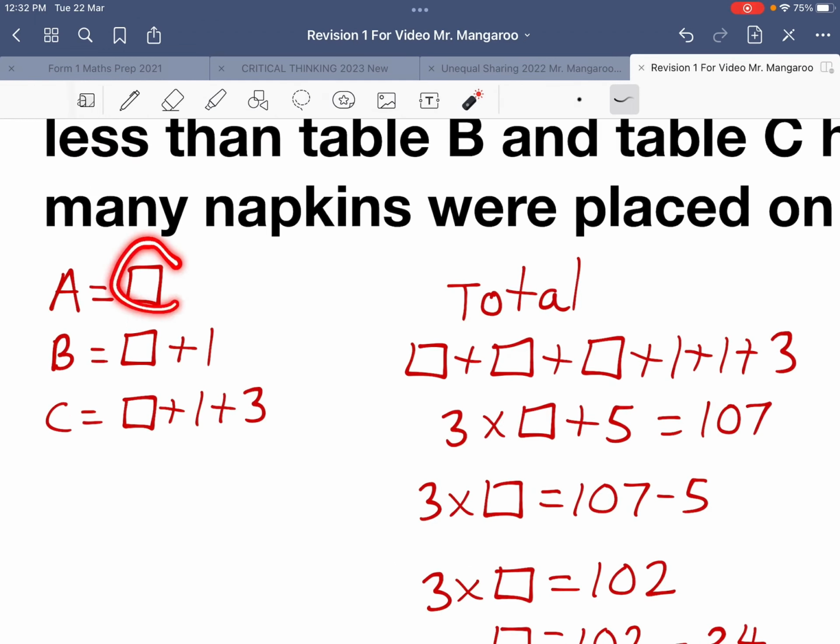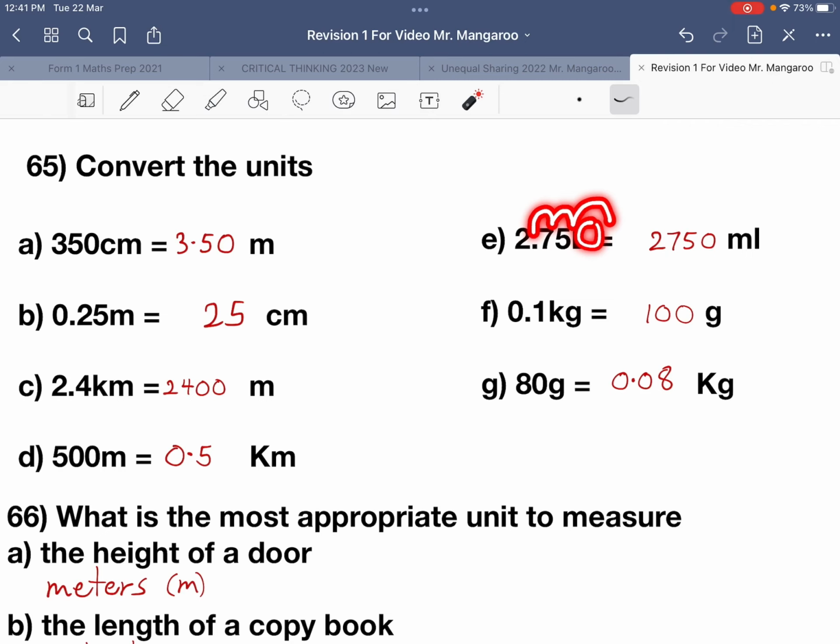Meters to kilometers, we divide by 1000. Liters to milliliters, we multiply by 1000. Kilograms to grams, we multiply by 1000. And grams to kilograms, we divide by 1000.